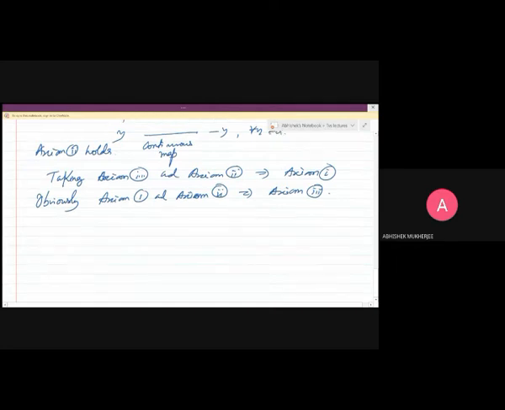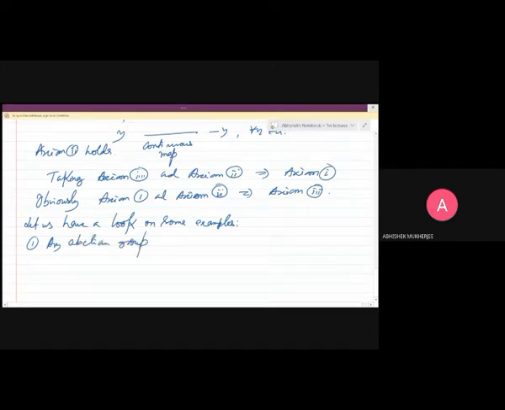Okay. Now let us have a look at some examples. The first one will be any abelian group.